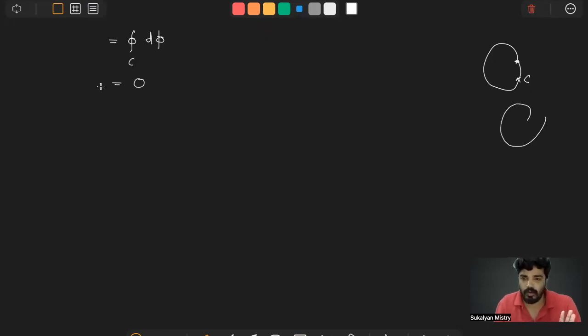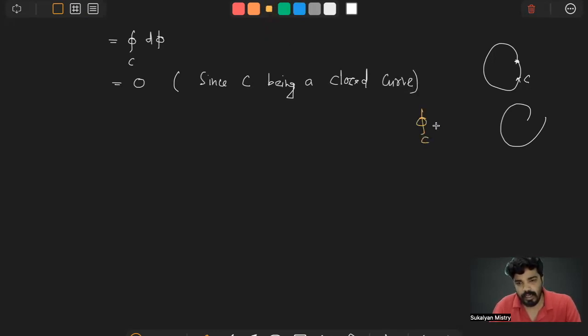What is the reason? Since C is a closed curve, if you integrate d phi over C and simplify, suppose you start from the point a and terminate at a, so the lower limit is a and the upper limit is a, that means 0.